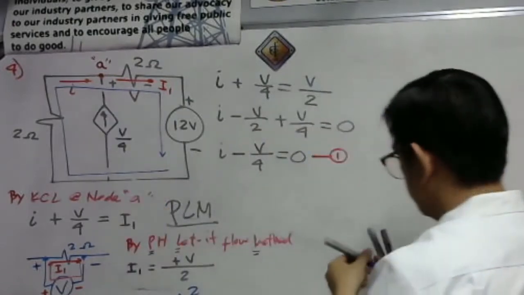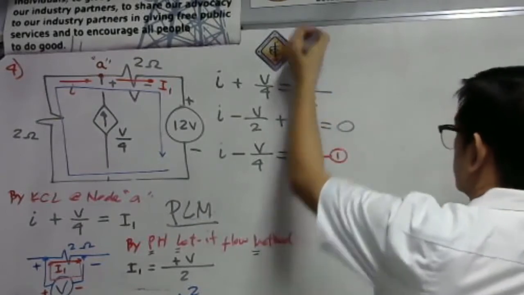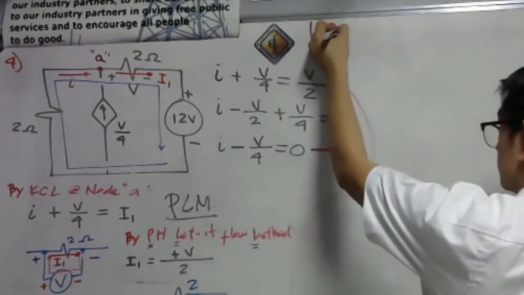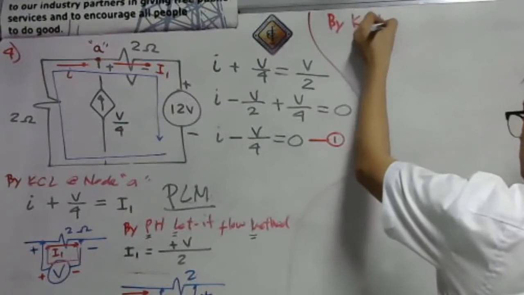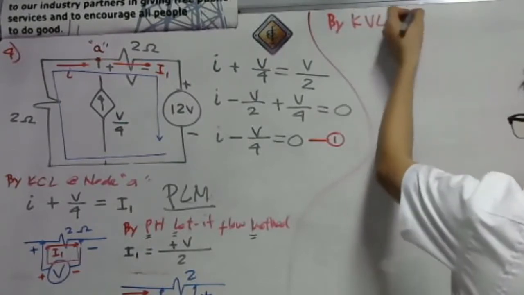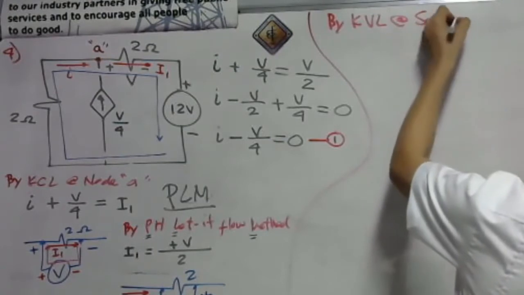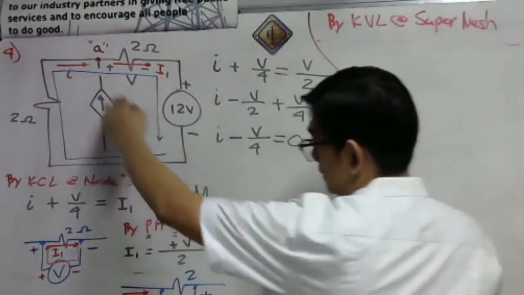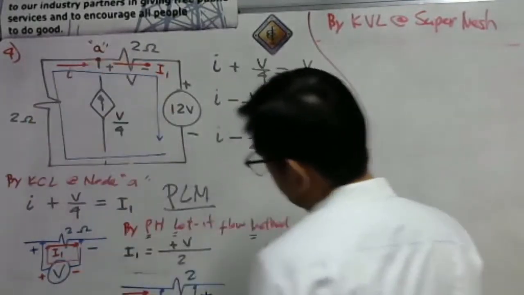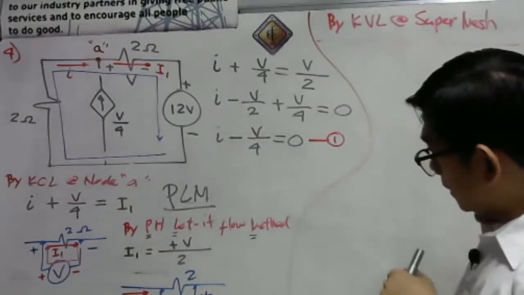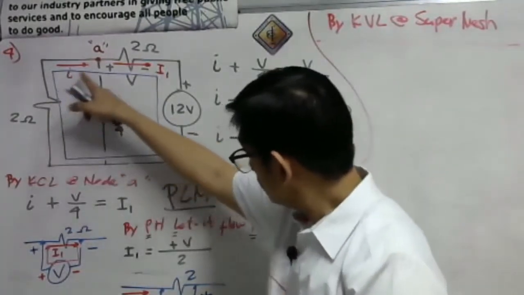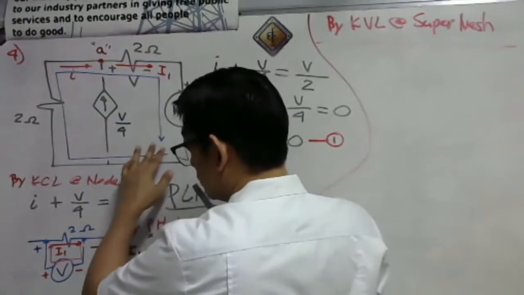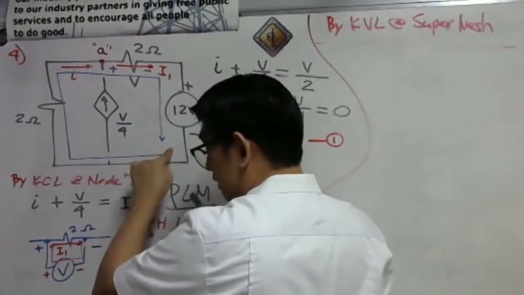So, by Kirchhoff's voltage law, let us consider our super mesh, this one complete circuit. Here is our circuit tracing.